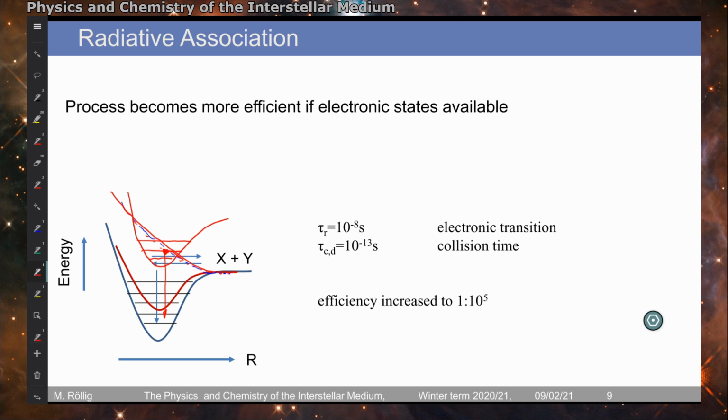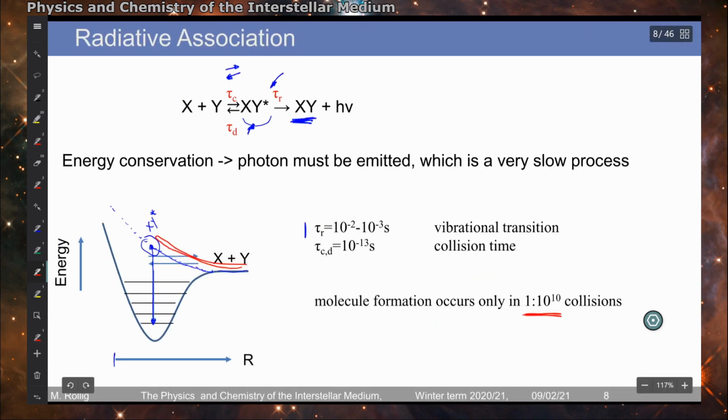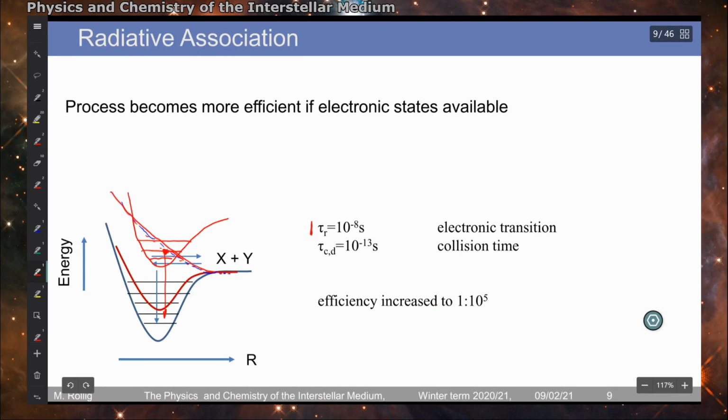This is much more favorable because the radiative time scale from these electronically excited states to the ground state is much faster, only 10 to the minus 8 seconds, so 6 orders of magnitude faster. Compared with the collision timescale, this gives an efficiency that is increased to 1 out of maybe 100,000 collisions.